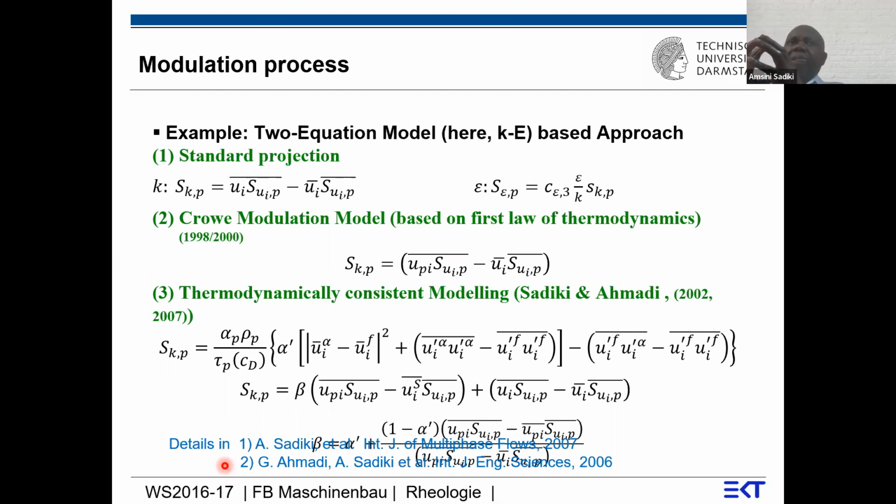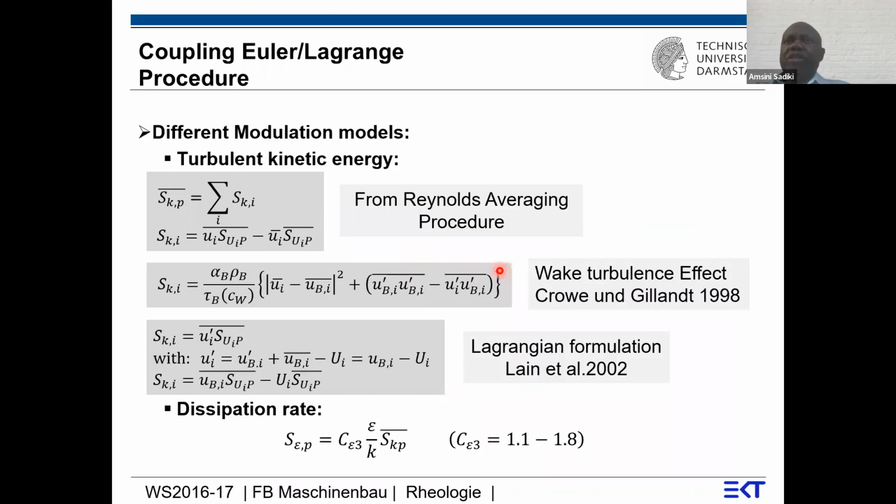It is what we have by multiplying the momentum equation with the velocity. It is what we got for k and for epsilon. It is what Groh and his collaborator obtained based on the first law of thermodynamics. And here we use the expression by line. I have shown you this expression here.